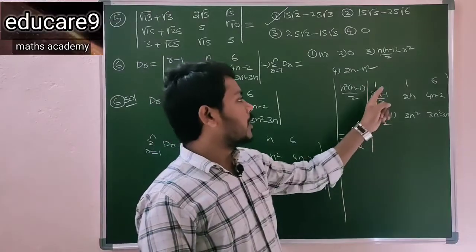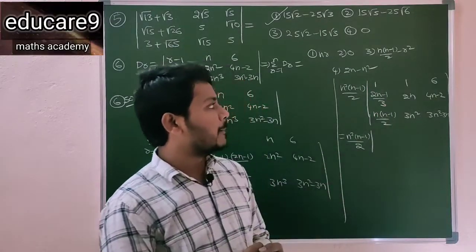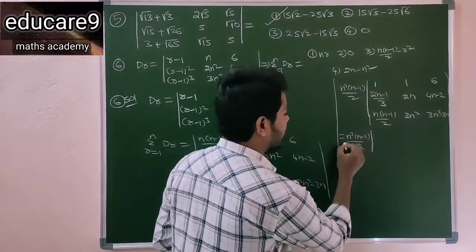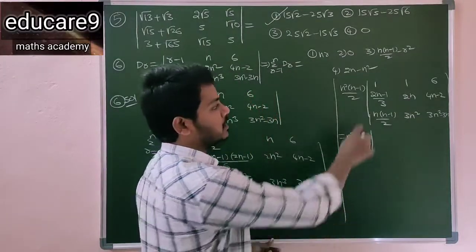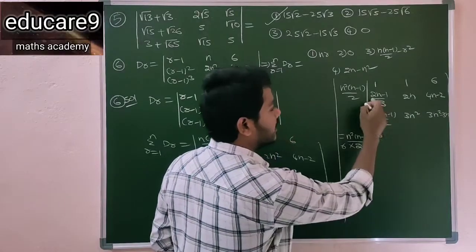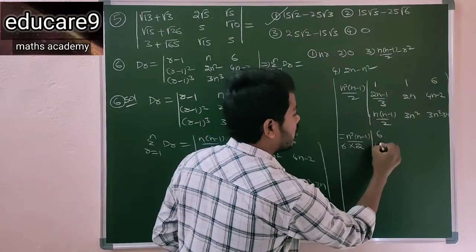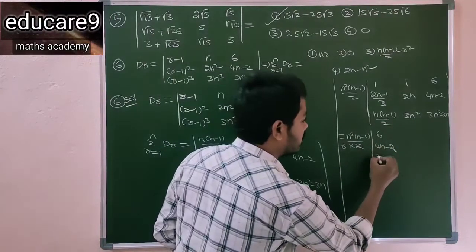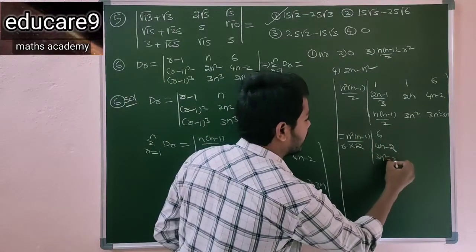So here multiply and divide the first column by 6, so into 1 by 6. Multiplying with 6, you will get here 6. Next here 4n minus 2. Next here 3n square minus 3.